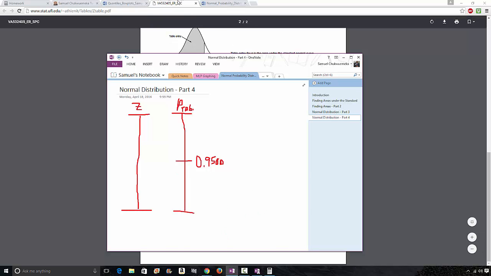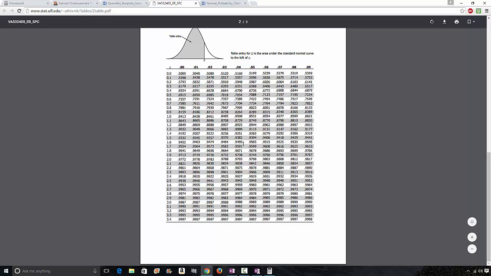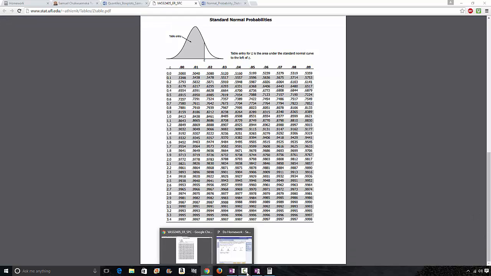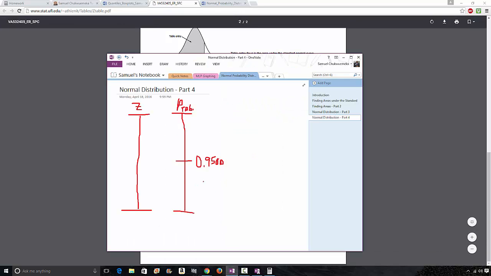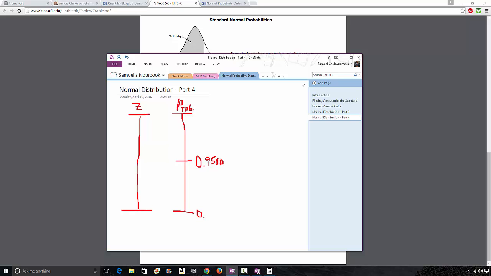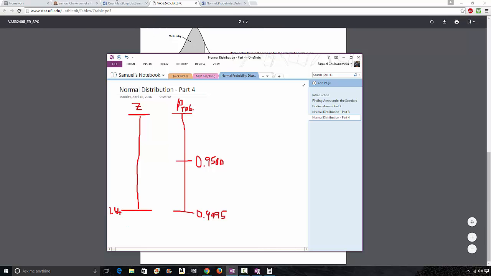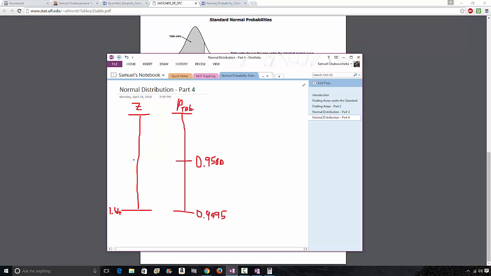But we saw 0.9495, and that corresponds to a z-score of 1.64. So that's the lower one, 9495, corresponding to a z-score of 1.64. Then we don't know this z-score here, so let's just call it z.